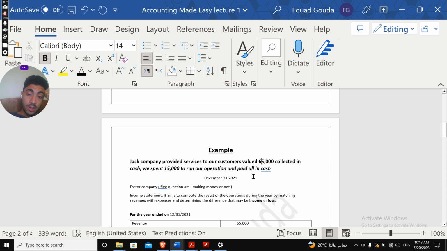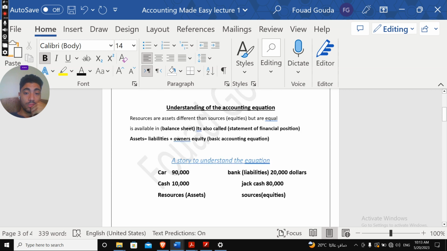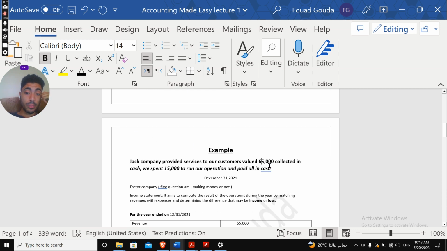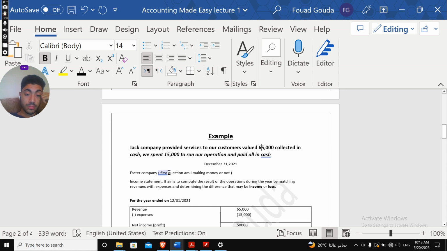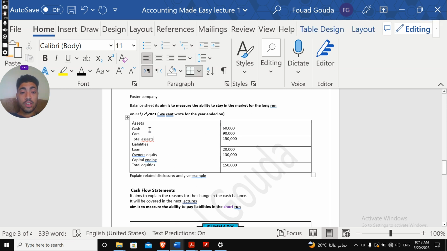Those are all cash items, so we put them all inside the balance sheet. Let's calculate: cash 10,000 plus 65,000 is 75,000, minus 15,000, which ends up at 60,000. So cash equals 60,000.